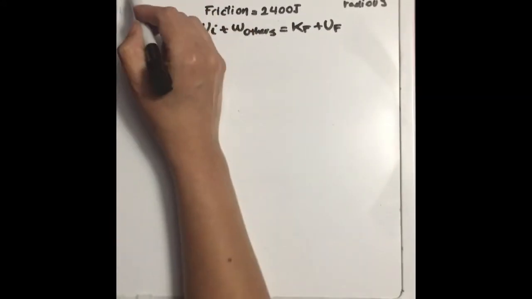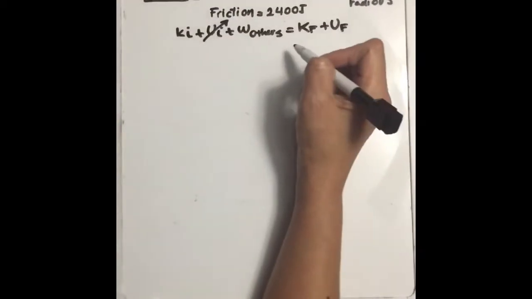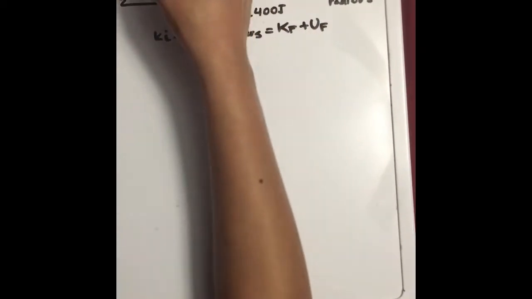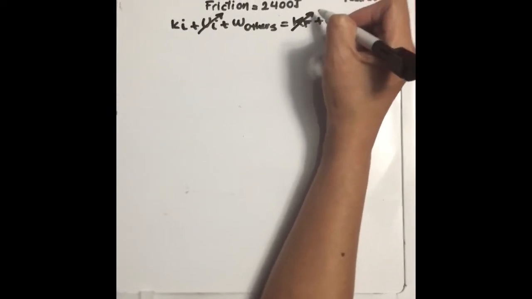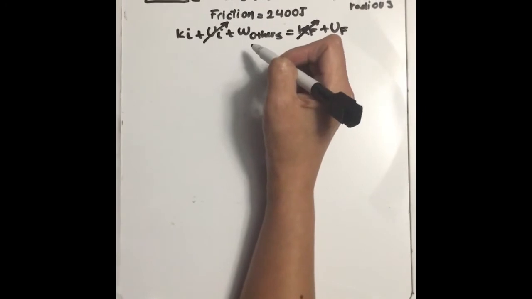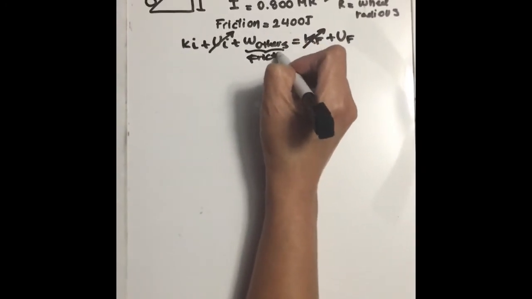We know at the beginning of the hill there is no potential energy, so this cancels out. And at the top of the hill, there is no kinetic energy final, so this cancels out. Another thing that we know is that the work of others is the friction doing work over here.